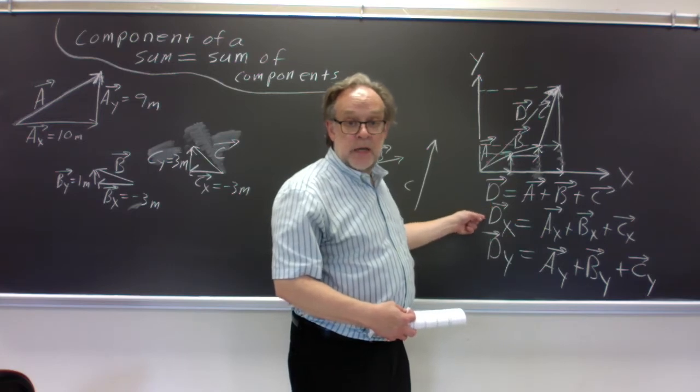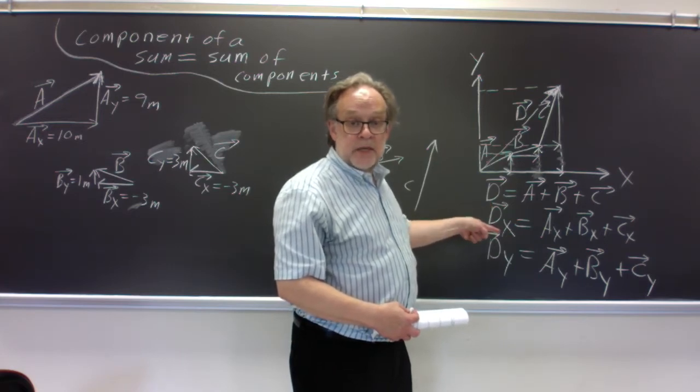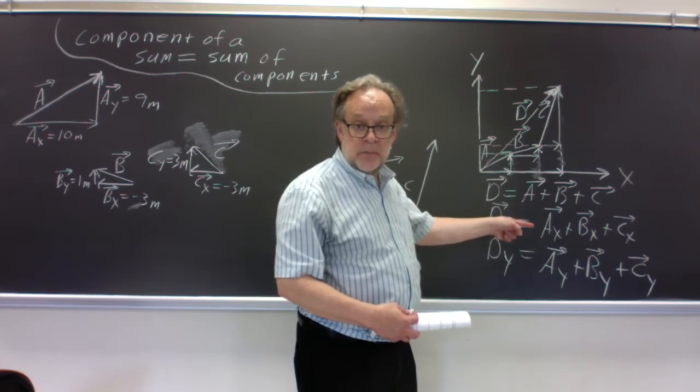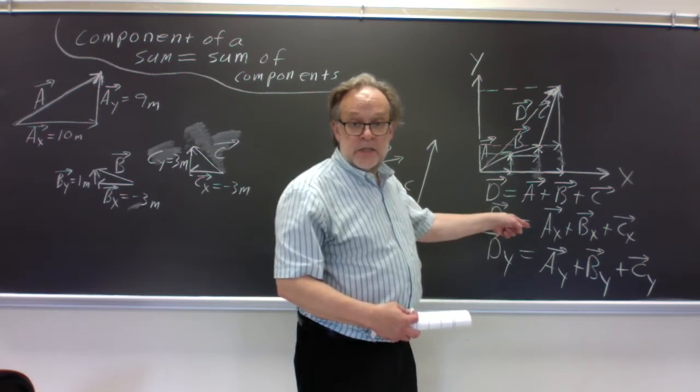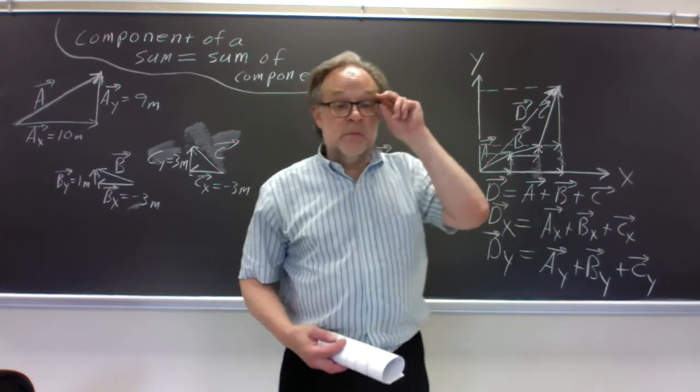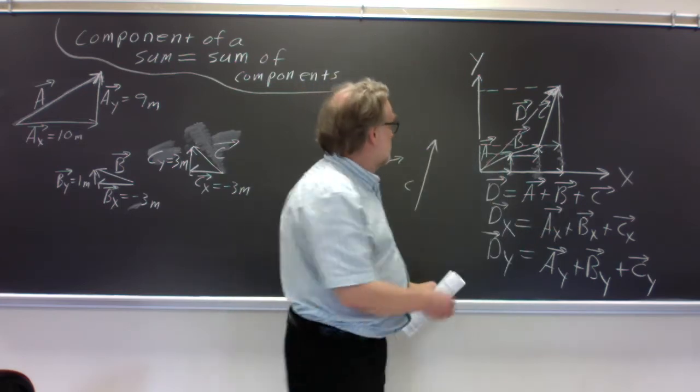And algebraically, I've written that here. The x component of the sum, the net displacement, is just the sum of the x component of A plus the x component of B plus the x component of C, and the same thing is true for y components.